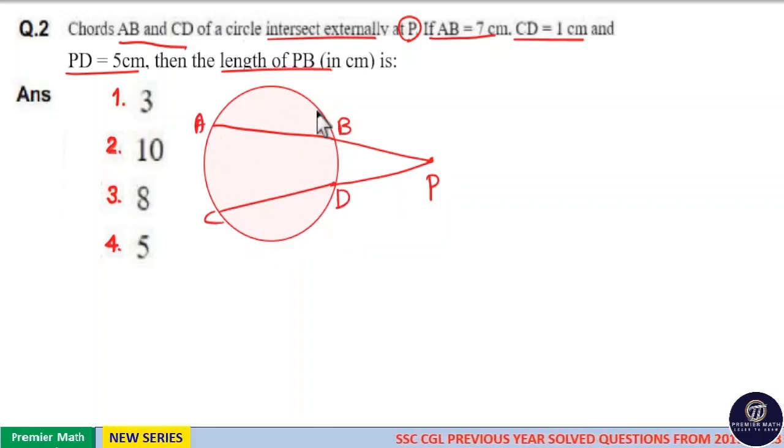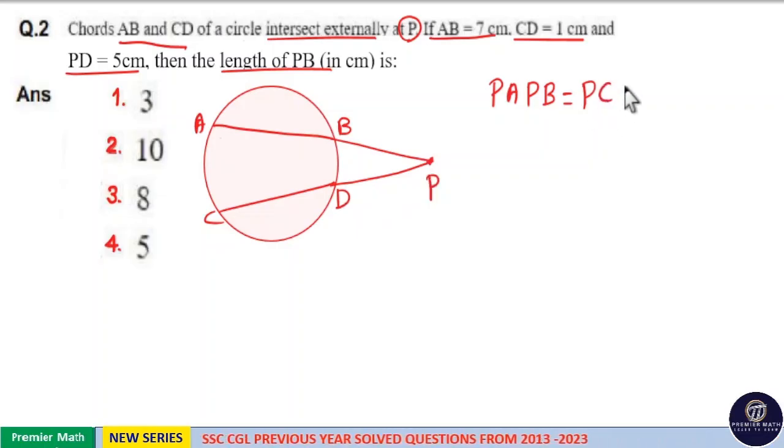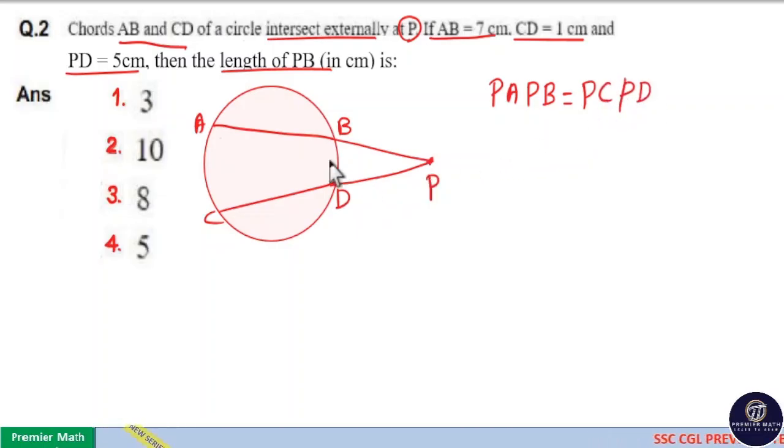When two chords of a circle intersect externally at a point, then the product of the lengths of their segments are equal. That is, here PA into PB is equal to PC into PD. Length of segment means PA and PB, which is equal to PC and PD.